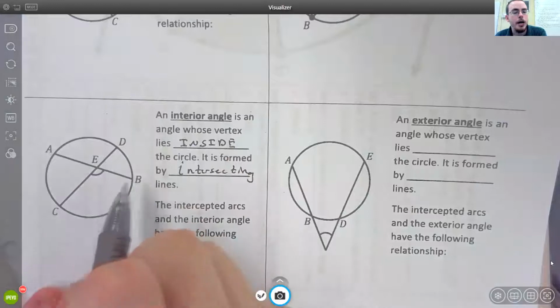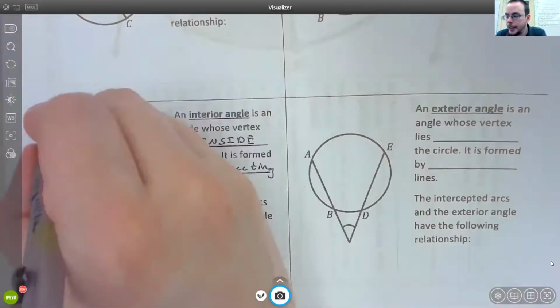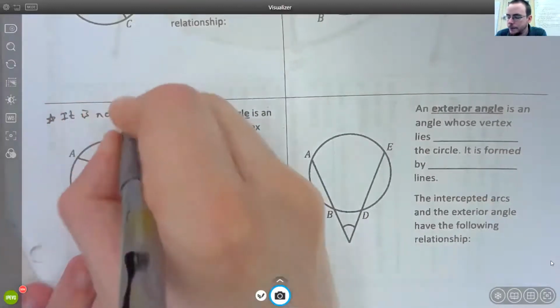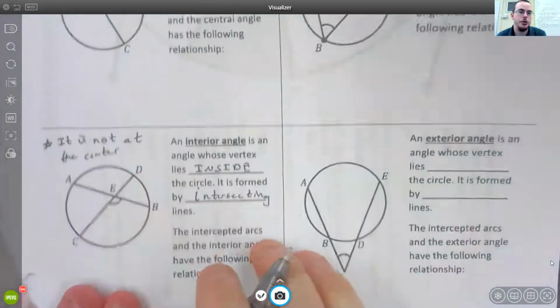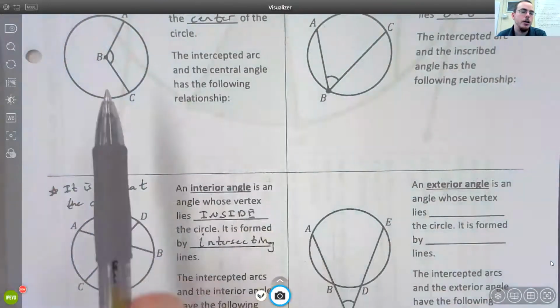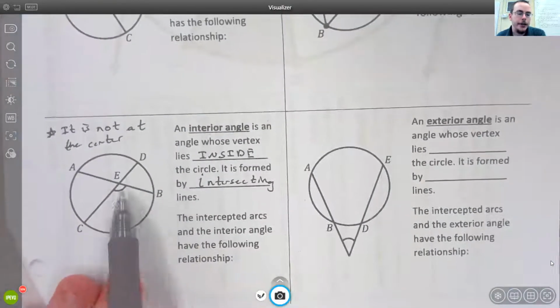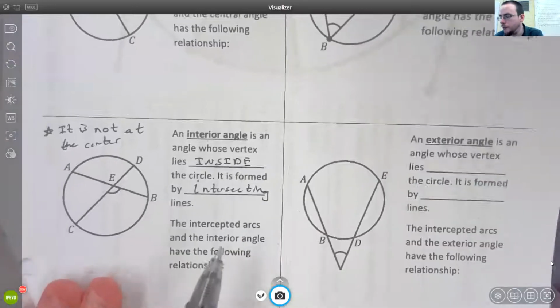Now, I do want to point out when we refer to an interior angle, typically we say that it is not at the center. So it's somewhere else other than the center. Unlike the central angle, where it's directly on the center, an interior angle is not going to be. So for example, here you can see it's formed, and then you have 4 different interior angles here.